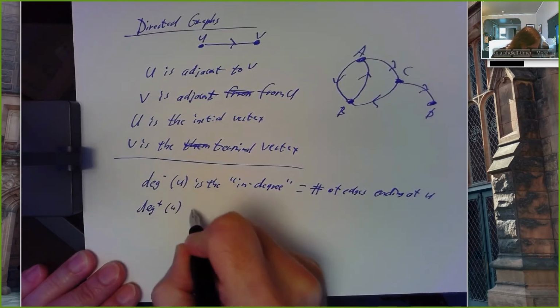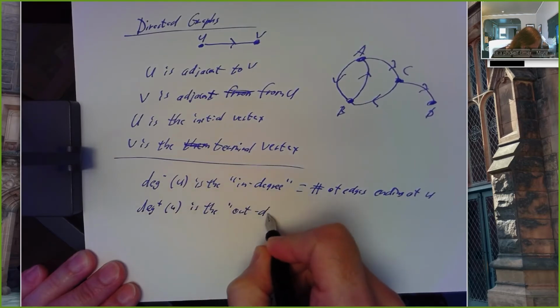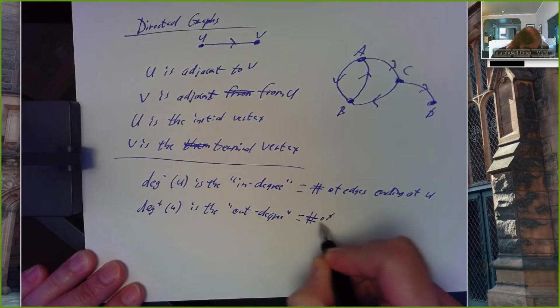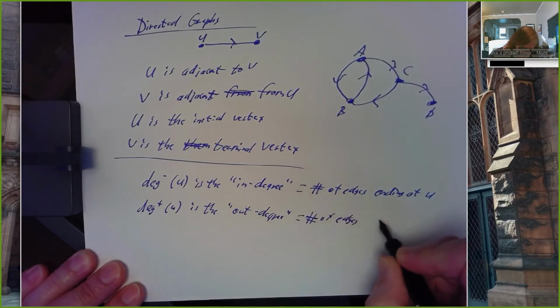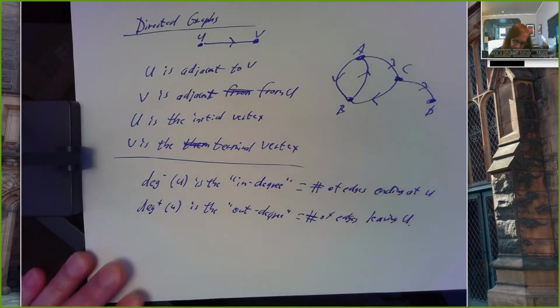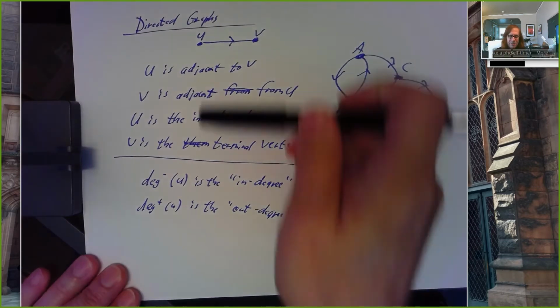Degree plus is called the out degree and equals the number of edges leaving a vertex, or whose initial vertex is U. So it's the number of arrows going out.